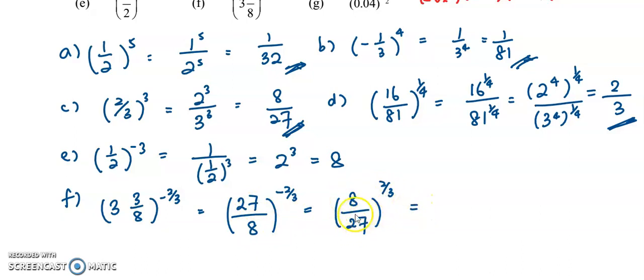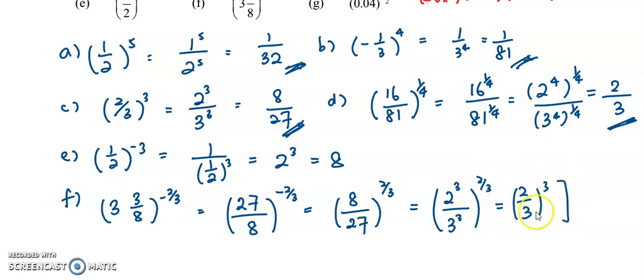Now, 8 and 27 look very familiar because these numbers you can always change into index numbers, which is 8 equals 2 power of 3, and 27 can be changed into 3 power of 3, power of 2 over 3. And this index number, you can write as 2 over 3, power of 3, and the whole thing again power of 2 over 3.